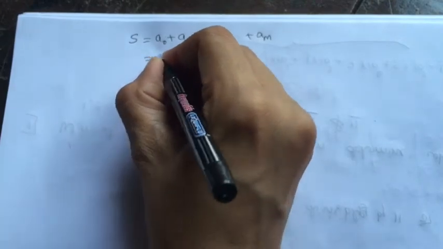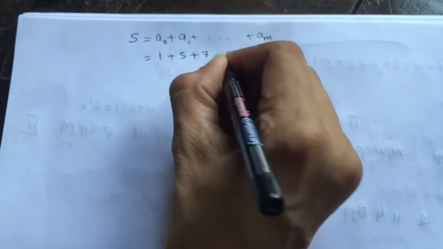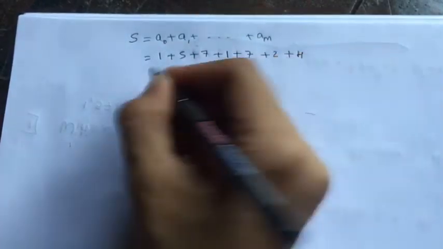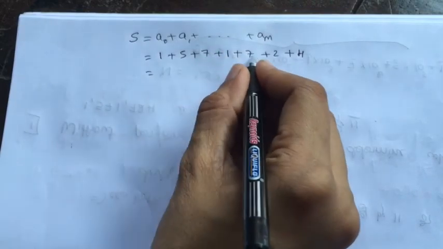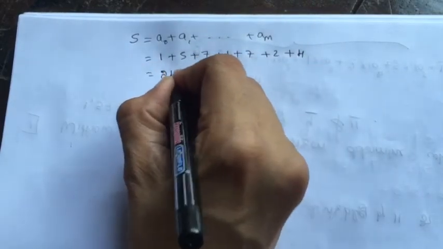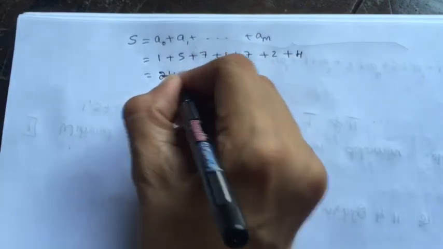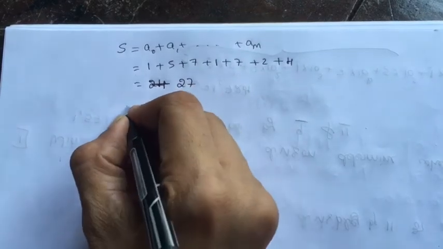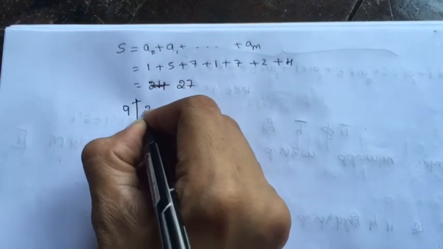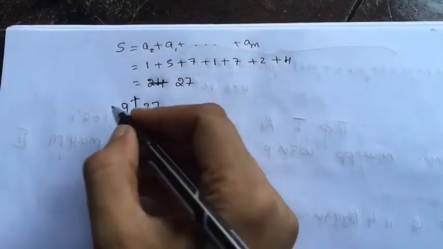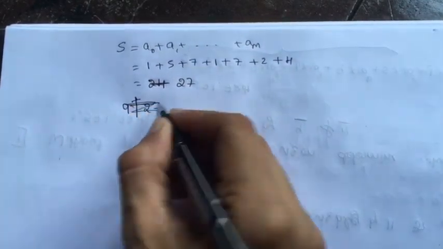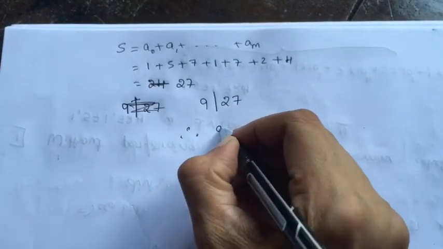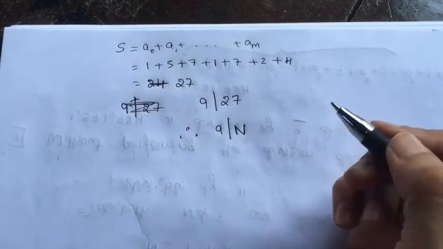Here the coefficients are 1, 5, 7, 1, 7, 2, 4, and the sum is 27. Now, 9 divides 27, right? Therefore, I can say 9 also divides n.